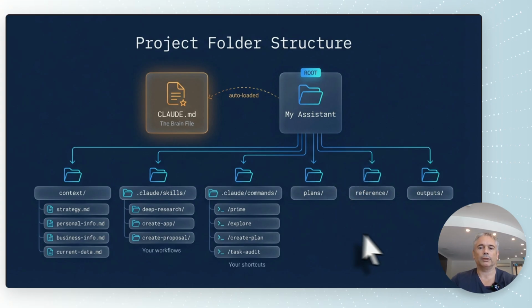Then you're creating skills or tasks that reference these documents. They do something with it, perhaps they use a skill, and then they produce an output. From that output comes a deliverable, something that you may send on to a client or present. So that's the folder structure.